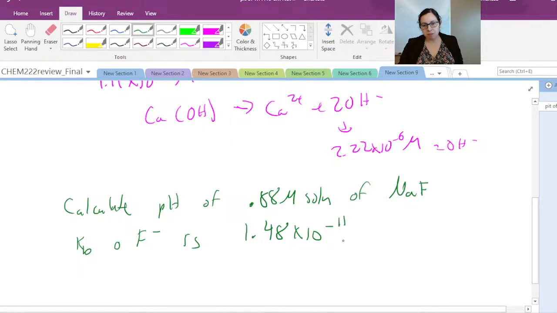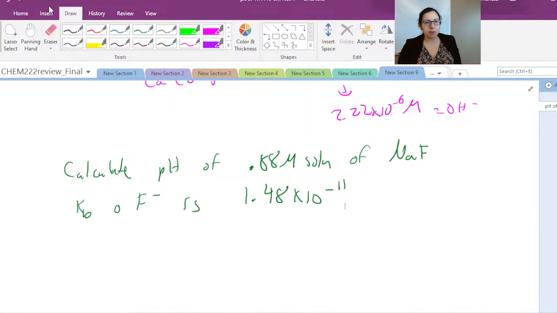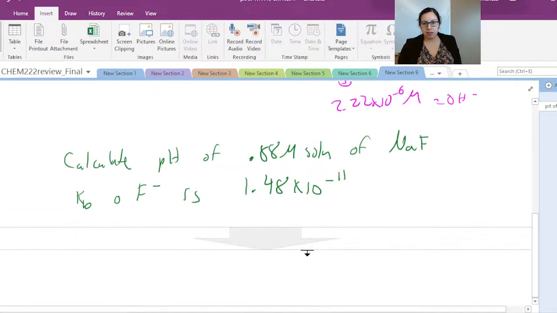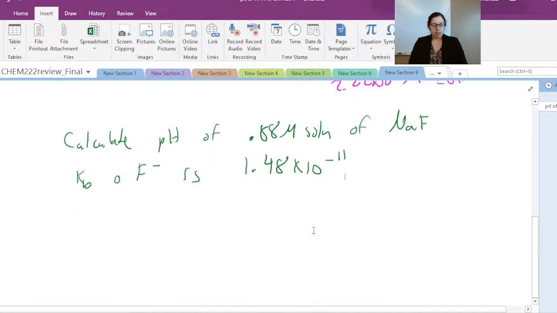So just think about your rice table first. Think about how those problems are different, right? We can't just plug our 0.88 into our concentration, right? That's the whole point. So now we have our Kb.